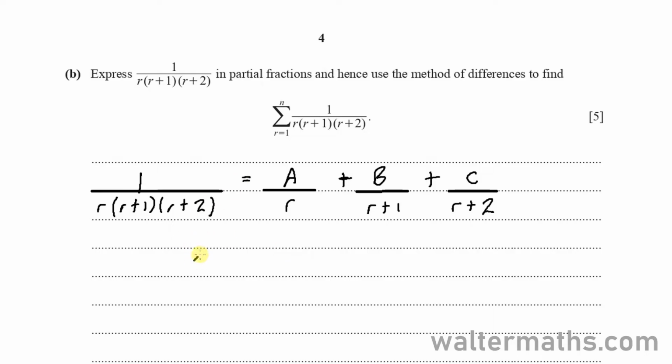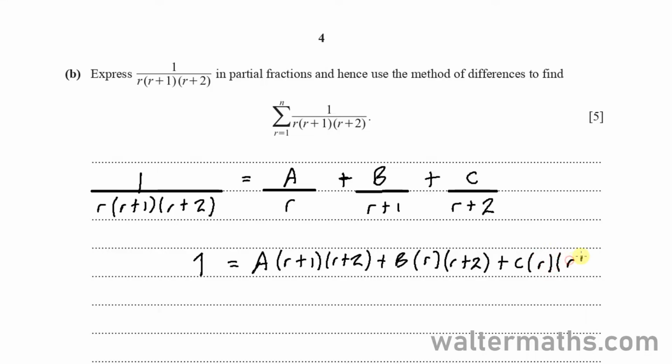So here we can make an identity: 1 is equal to, dividing r into the denominator, we get A of (r + 1)(r + 2), plus B, and dividing r + 1 into the denominator, we get r(r + 2), plus C, and dividing r + 2 into the denominator, we get r(r + 1).